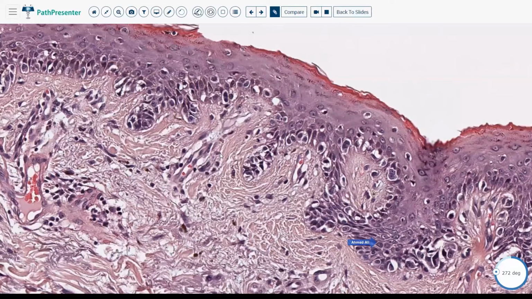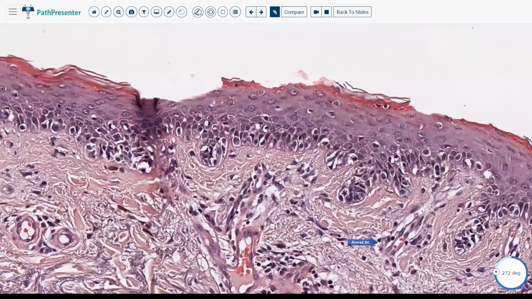Okay, so lentigo, then we will take it to the atypical part of it. This is not the same, okay? This is not like superficial spreading melanoma, and we will come to this as well, okay?